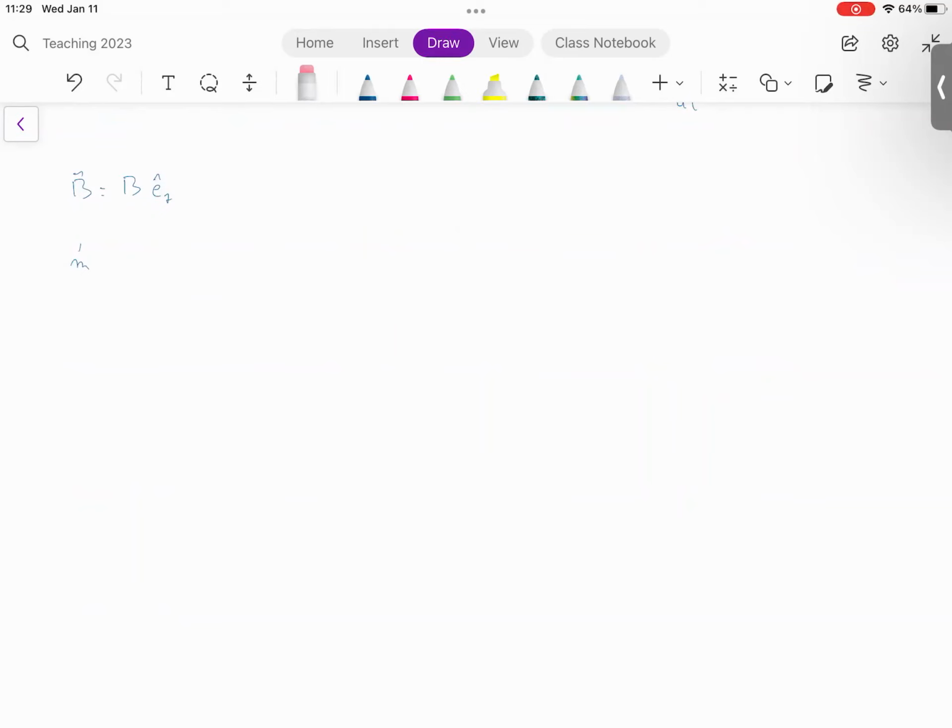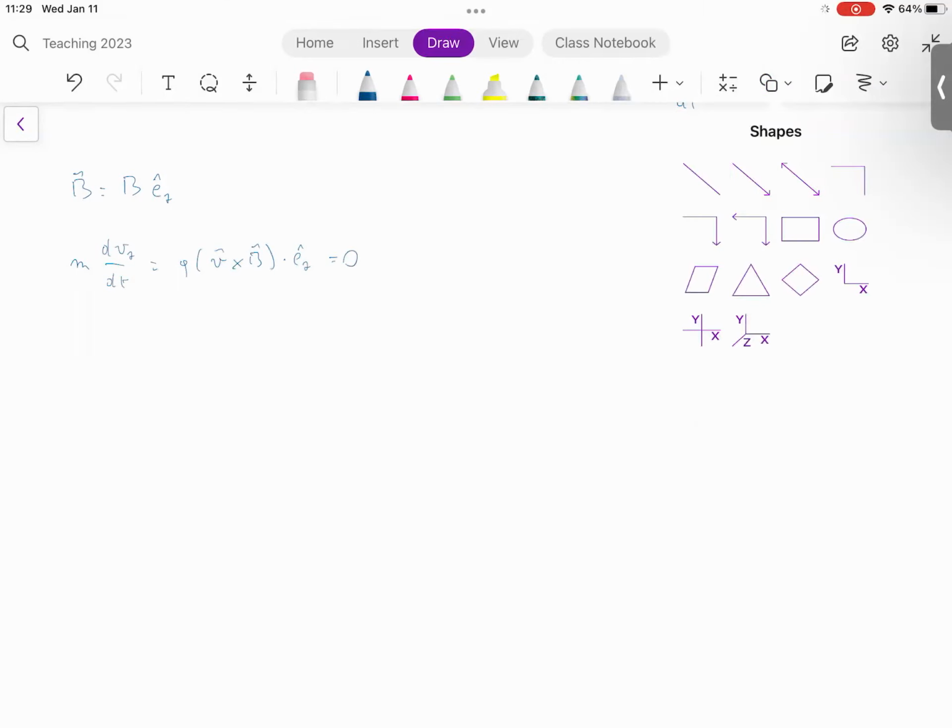This gives us the following: q v cross B dot e_z, which is 0. So the first astounding result is that v_z is a constant.